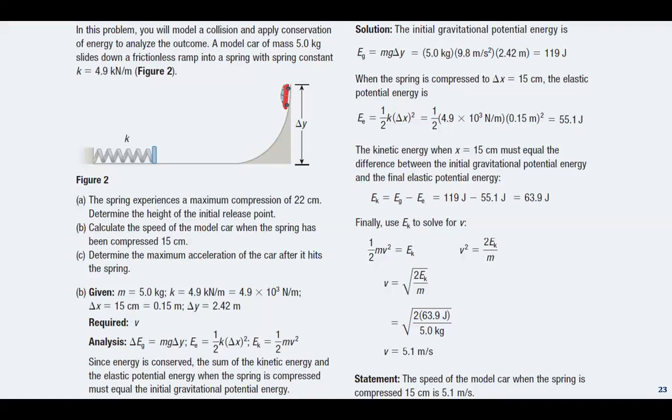We have 1/2 times m v squared equals Ek. Therefore, v squared equals 2Ek over m, and v equals the positive square root of 2Ek over m, which is around 5.1 meters per second. Therefore, the speed of the model car when the spring is compressed 15 centimeters is 5.1 meters per second. Any questions?